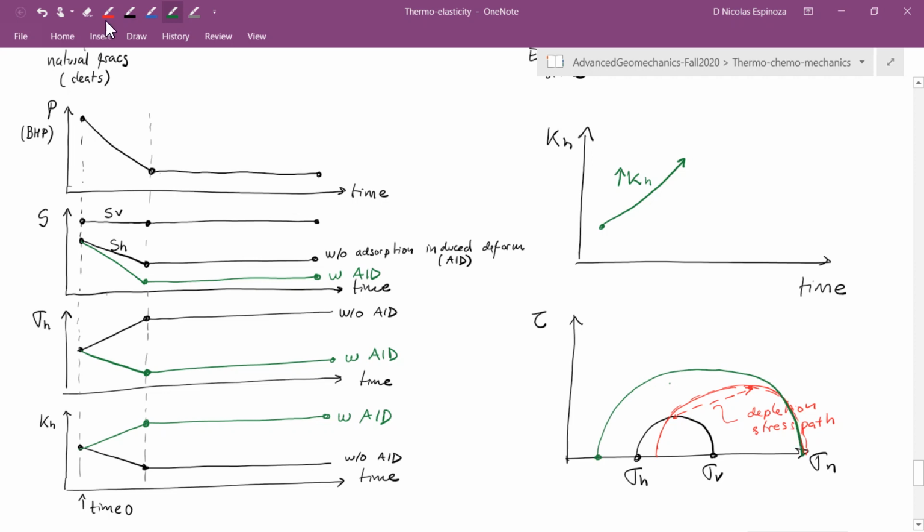And if my Mohr circle is large enough and it gets close enough to the shear failure limit, the rock is going to fail in shear.